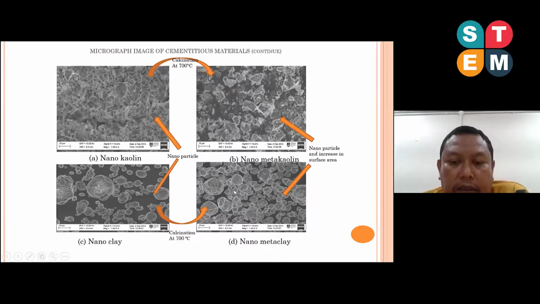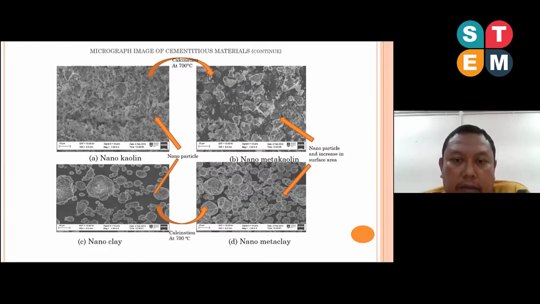After the process of calcination, we can see that the rounded shape breaks into smaller particles of rounded shaped element, which proves the increase in surface area that was discussed earlier in the PSD results.